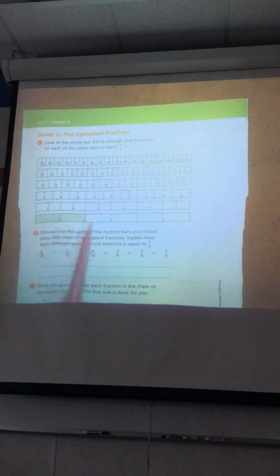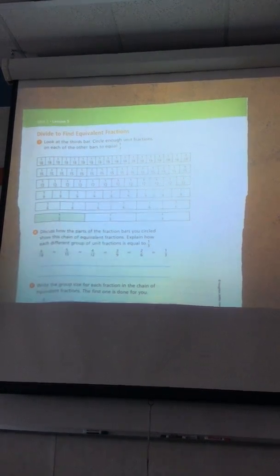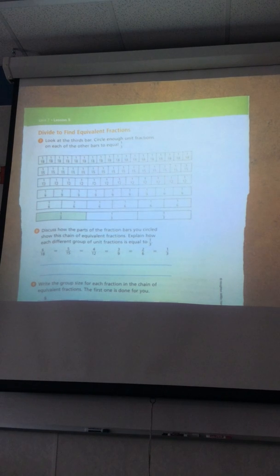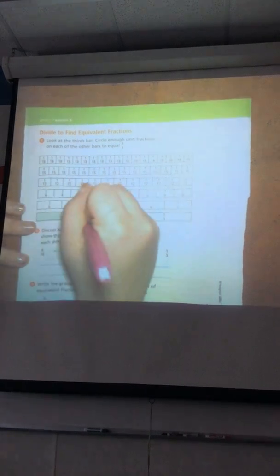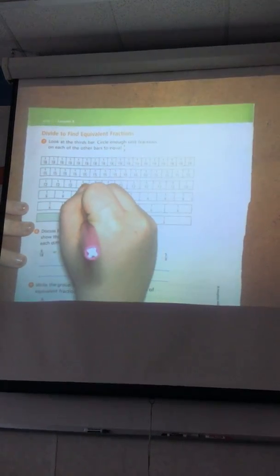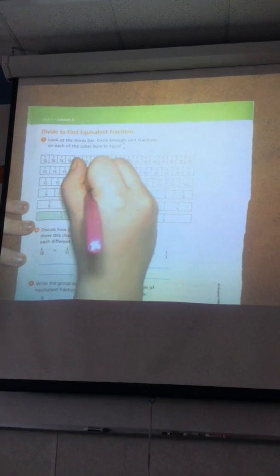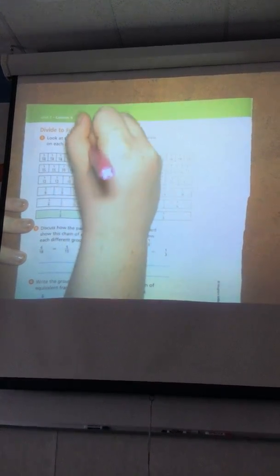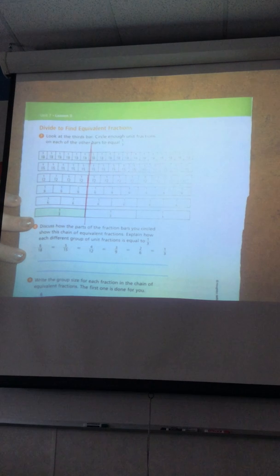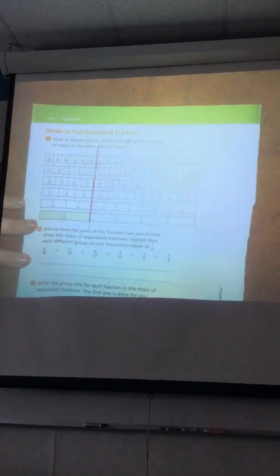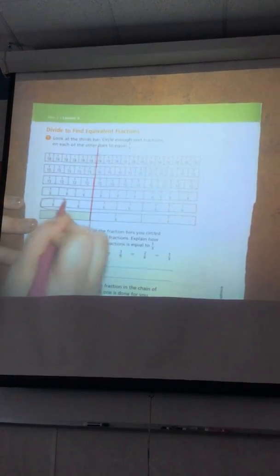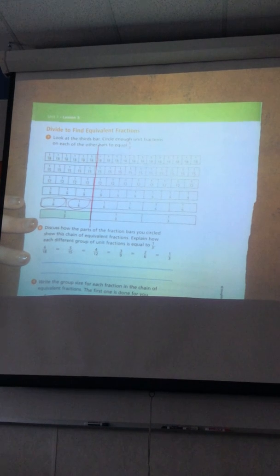Okay. So, look at the thirds bar. So right here down at the bottom. Circle enough unit fractions on each of the other bars to equal 1/3. So what we can do is we can take this and we're just going to draw a line straight up. Okay? So we're going to circle how much is going to equal the same. So here we have 2/6 equals 1/3.